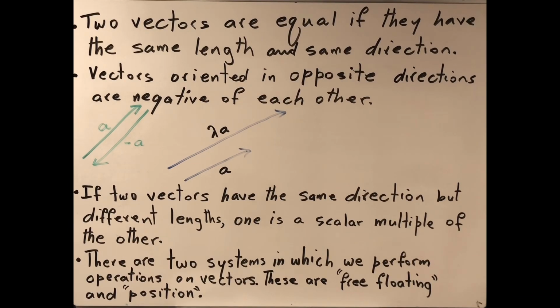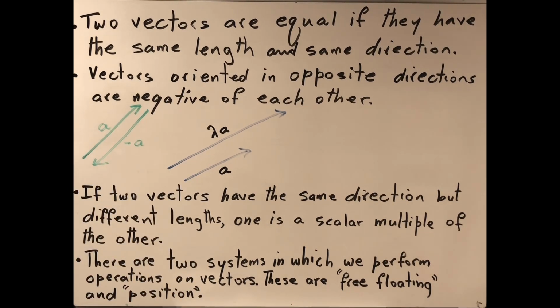Two vectors are equal if they have the same length and same direction. Vectors oriented in opposite directions are negative of each other.